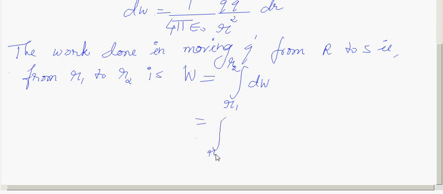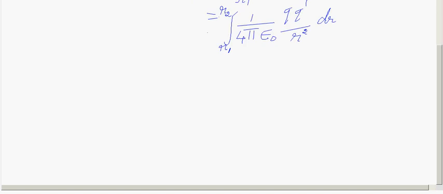Integration from R1 to R2 of 1 by 4 pi epsilon naught Q Q dash by r square into dr. 1 by 4 pi epsilon naught into Q Q dash is constant.